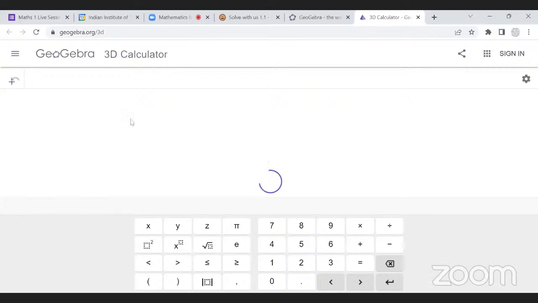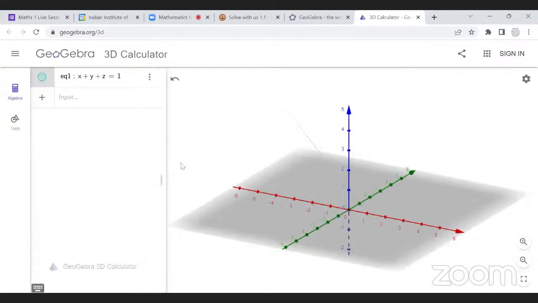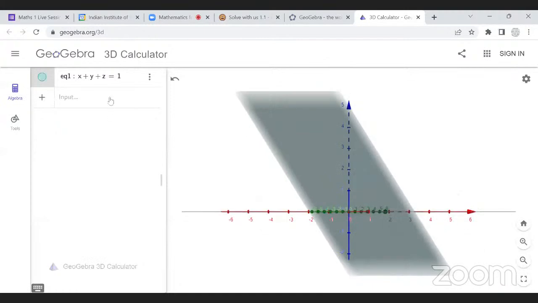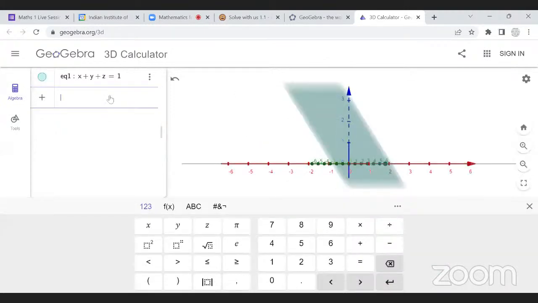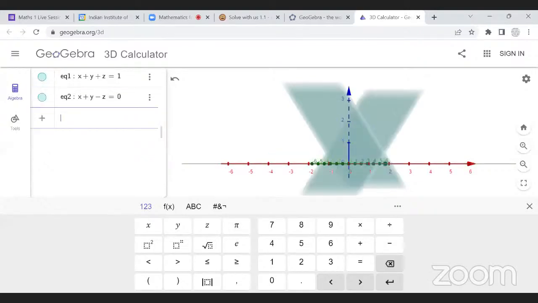My screen is visible, right? So say I have x plus y plus z is equal to 1. Did the plane come? Yeah. So this is the plane. And then say I have x plus y minus z is equal to 0.